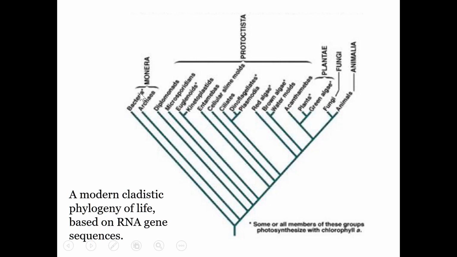So some bacteria, some euglena, some red algae, dinoflagellates, everything with a little asterisk next to its name here photosynthesizes. So if we're thinking about what a plant is, it's not just the plants that we're going to be studying, but a whole bunch of other things that will also do photosynthesis.